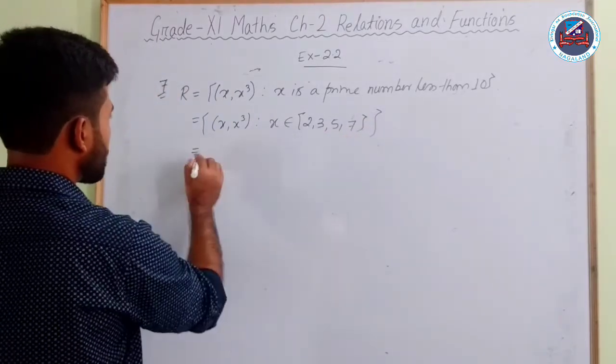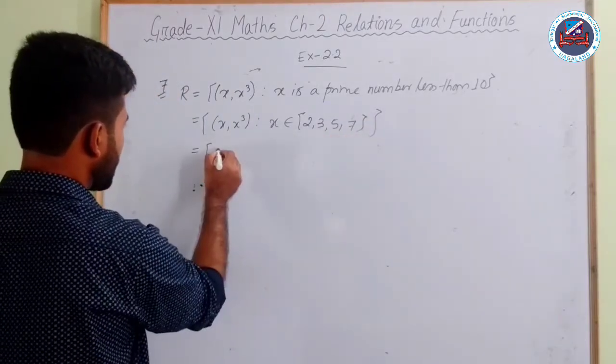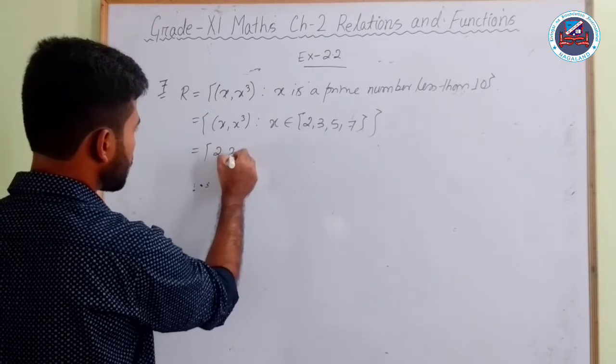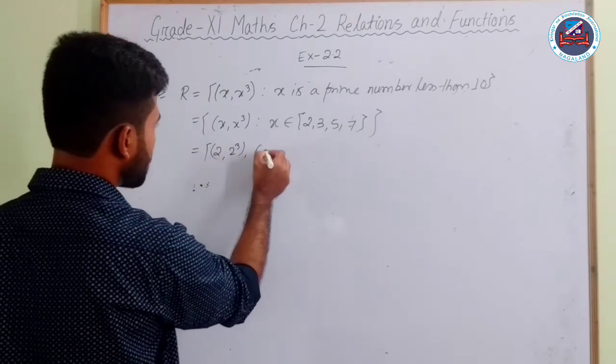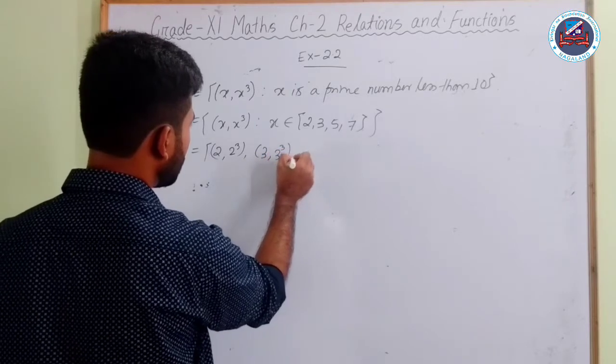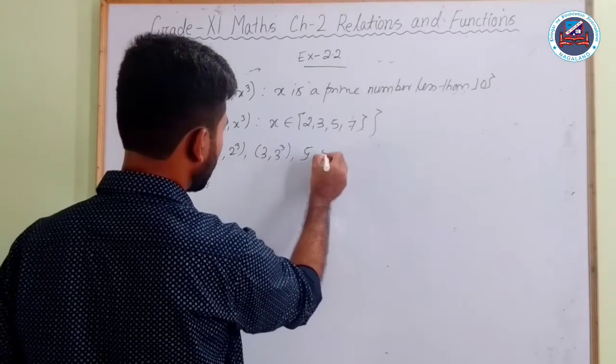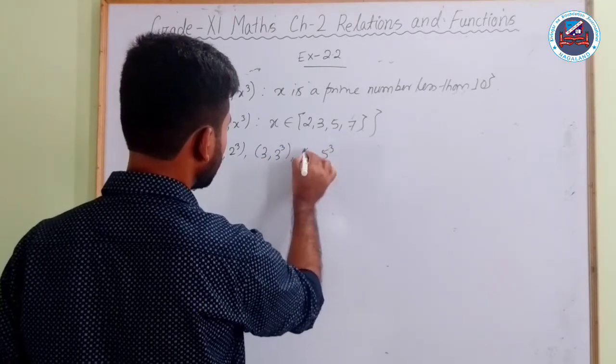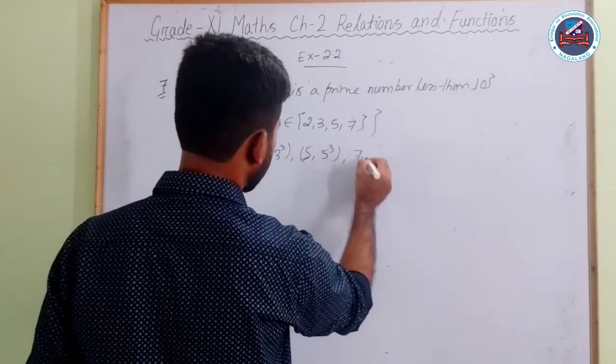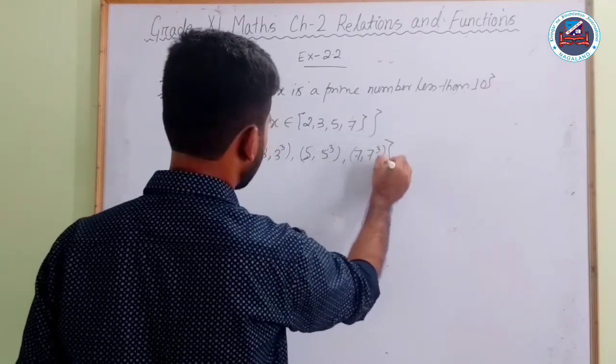So if x belongs to this set, here it will be 2 and 2 cube, then 3 and 3 cube, 5 and 5 cube, and 7 and 7 cube.